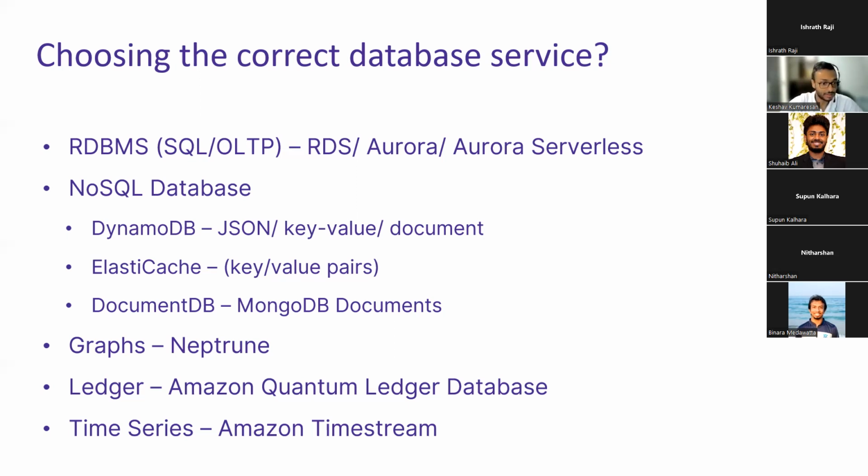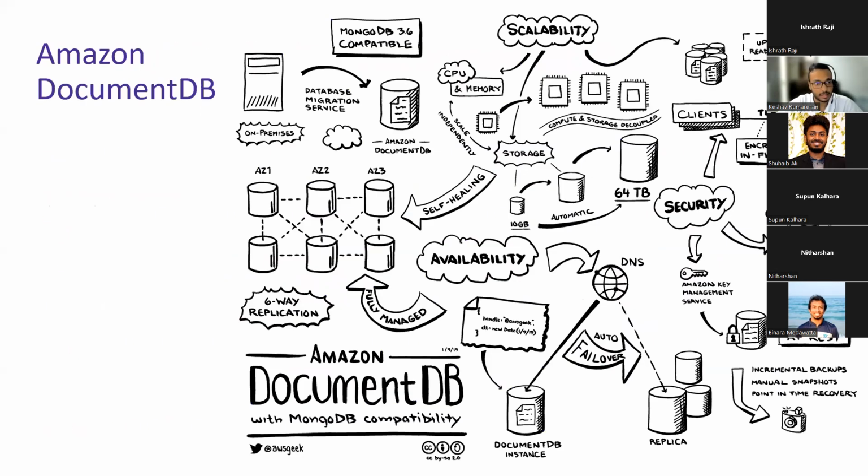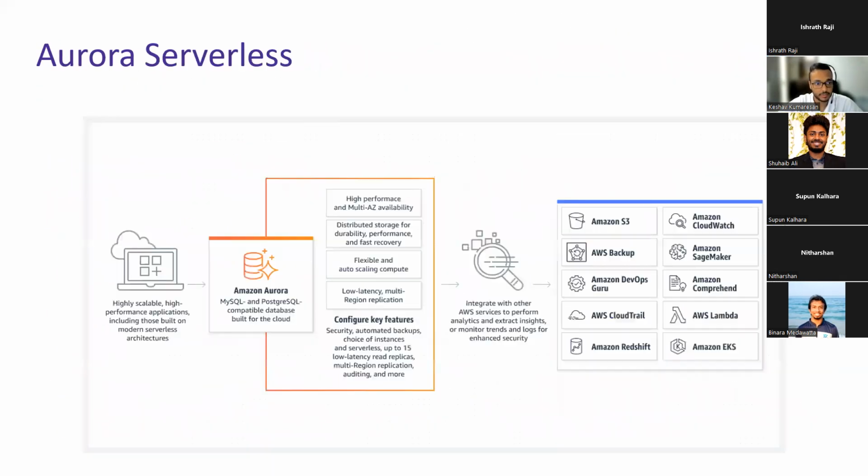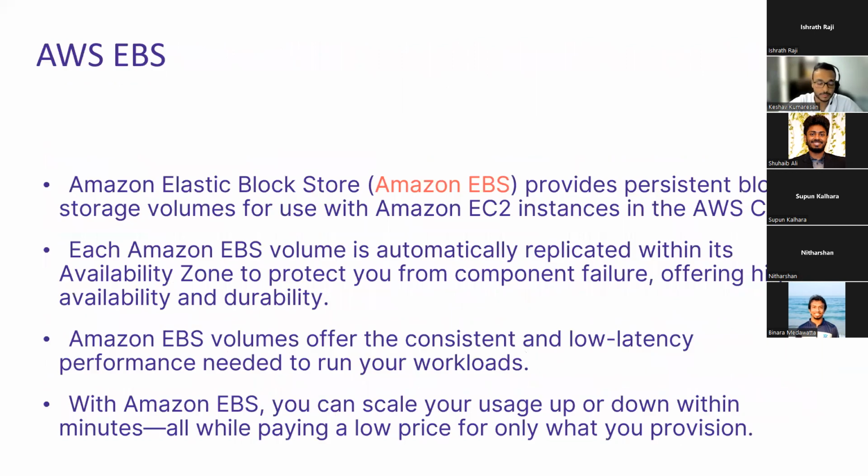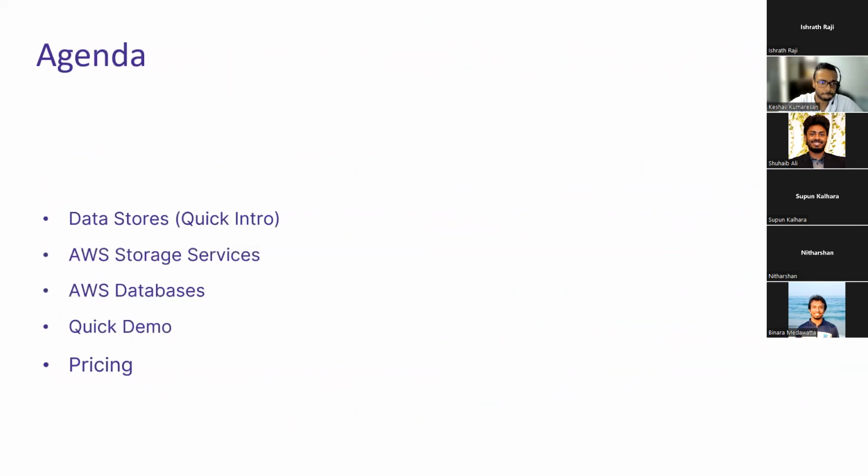So I did a lot of talking now, but what I wanted to convey is that there are different storage services and different database services in AWS. Within the storage services, S3, EBS, and EFS are commonly used, and S3 is a commonly used serverless offering.